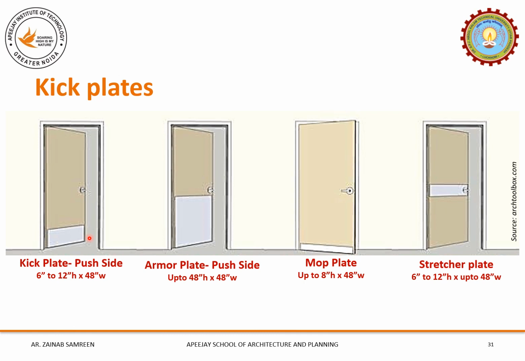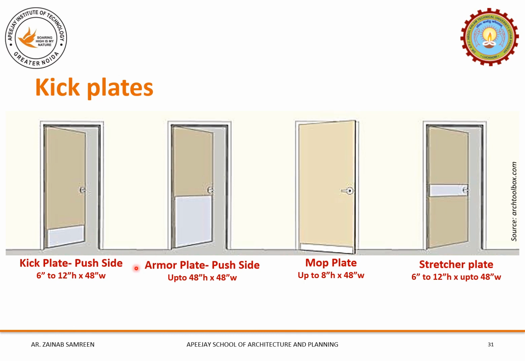By definition, kick plates are attached to the push side of a door, and they come in a variety of heights. It is usually recommended that kick plates be 16 inches tall in any space where a wheelchair is used, so that the footrests come in contact with the plate.